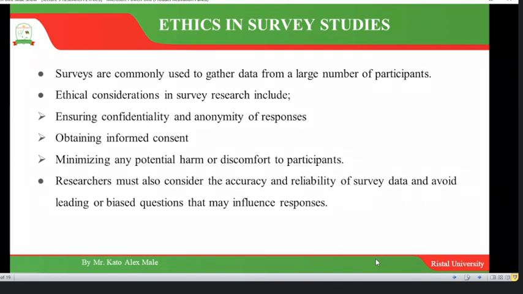And avoid leading or biased questions that may influence responses. Do not ask a question that may influence a certain response. Ask a direct question which is not biased. I think you know the biased questions. What is your favorite meat type?